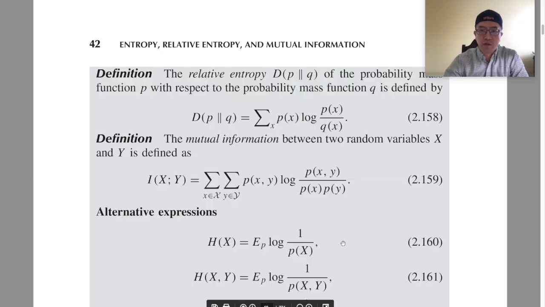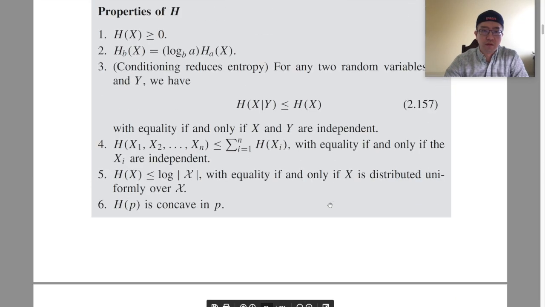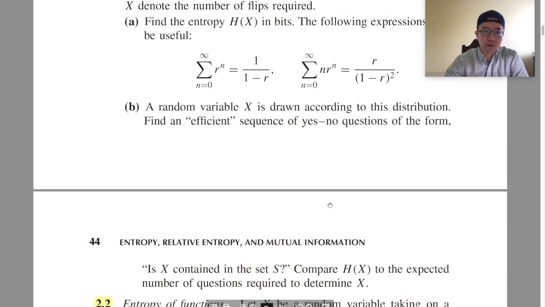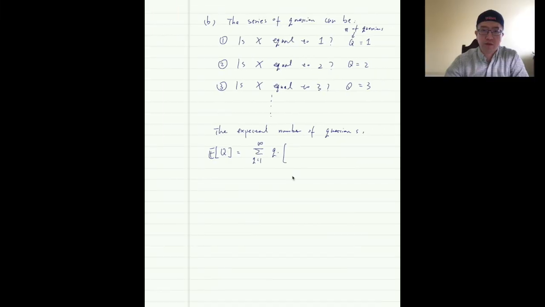Oh, sorry, I didn't change it. So here, this is what I just wrote: is x equal to 1, is x equal to 2, is x equal to 3, and so on. In this case, the total number of questions we asked is basically Q.